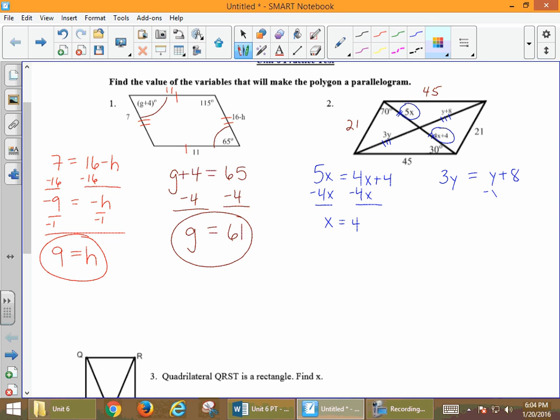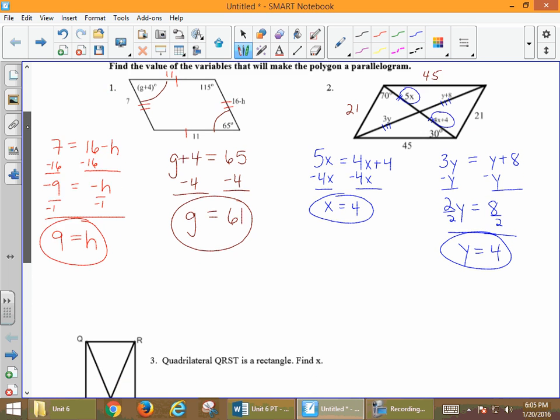Solving, subtract y on both sides. 2y is equal to 8. Divide both sides by 2. And y is equal to 4. X equals 4 and y equals 4. With those values, both of the quadrilaterals in 1 and 2 would be parallelograms.